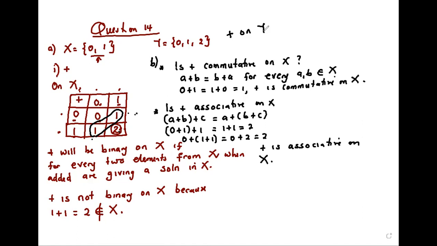So now we'll go to the second operation, which is minus, and we'll do it on Y. So now let's do the operation on Y. Remember, Y is 0, 1, 2. Then we want to do the operation here.